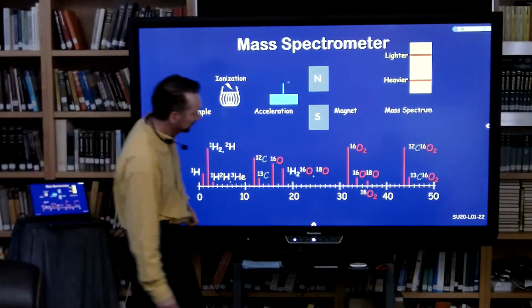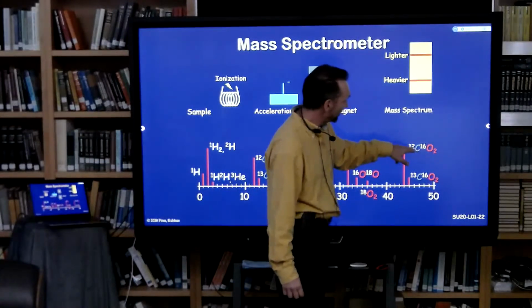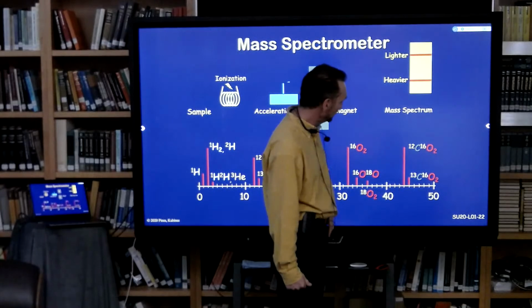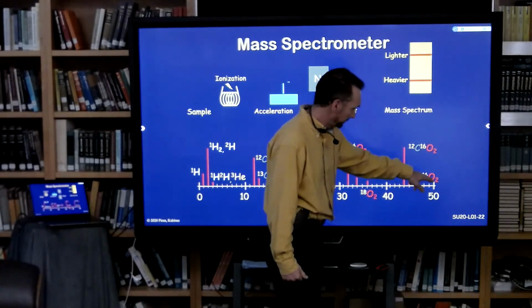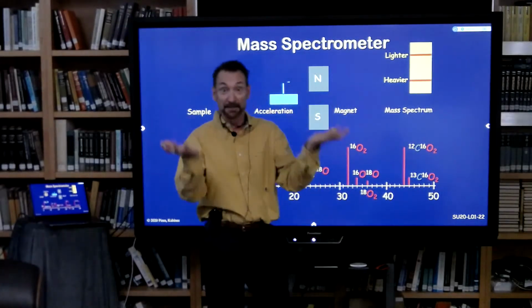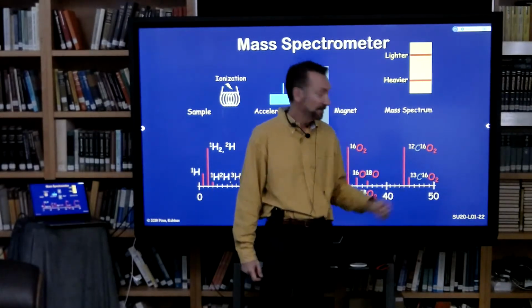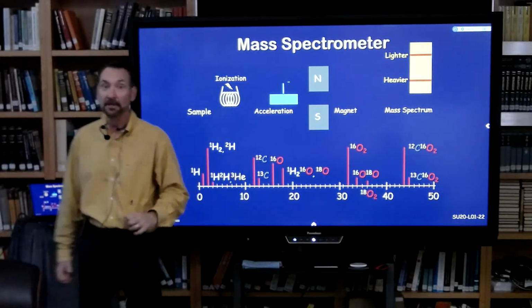Let's look at the rest of them. Here's carbon dioxide with carbon 12s and oxygen 16s at mass 44. And here's carbon 13 carbon dioxide. And naturally in the atmosphere, that would be the ratio of 1 in 100 again, because that's about the ratio of carbon 13s to carbon 12s.